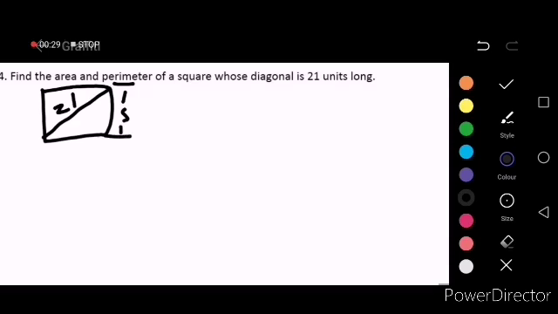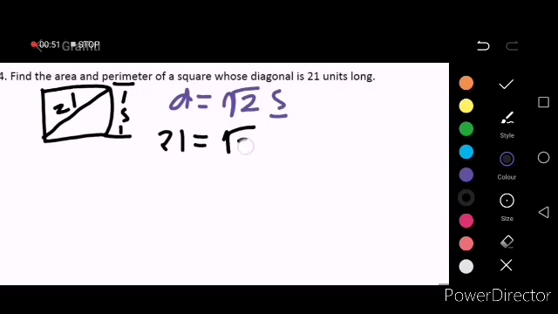Tama? So we need to solve for the side. Pero alam nyo ba, mayroon tayong pwedeng gamitin na formula dito. Okay? That the diagonal of a square is just equal to square root of 2 times s. Ano yung D? It's the diagonal and S is the side. Now, since S is missing, we can now solve for it. Diba? Kasi D is 21 and it's equal to square root of 2 times S. Divide both sides by square root of 2, ladies and gentlemen.